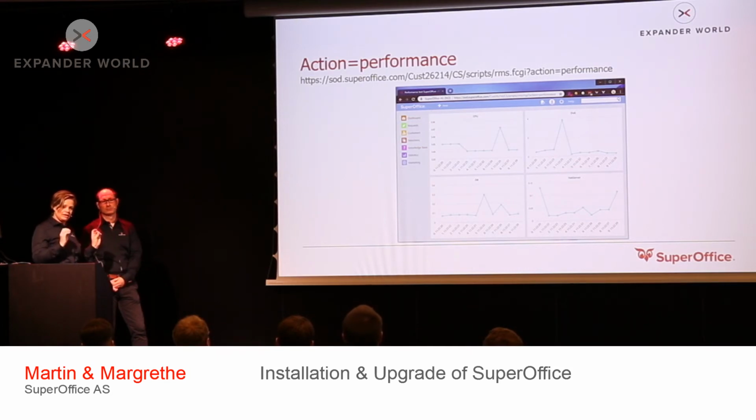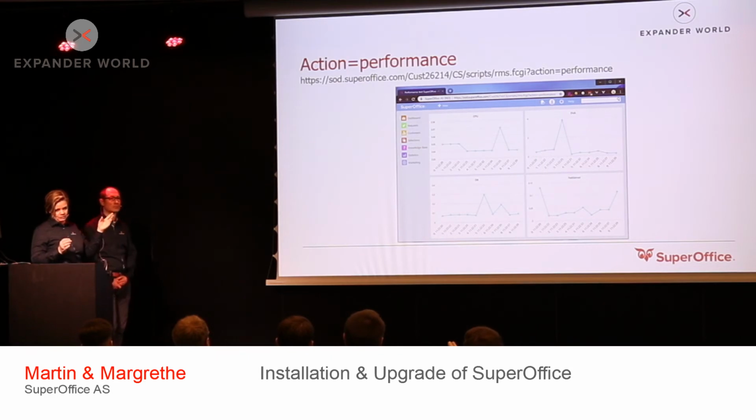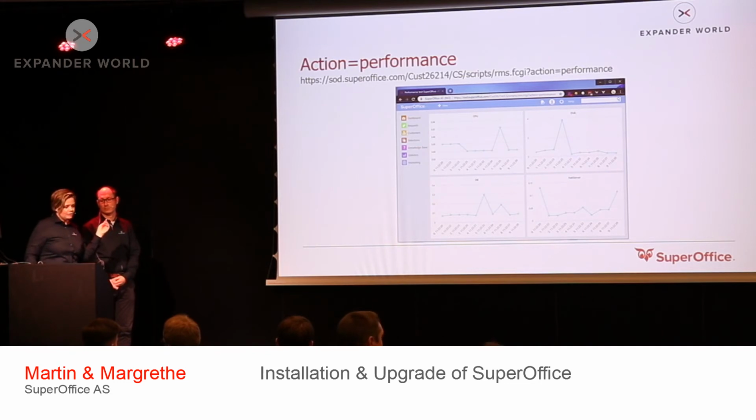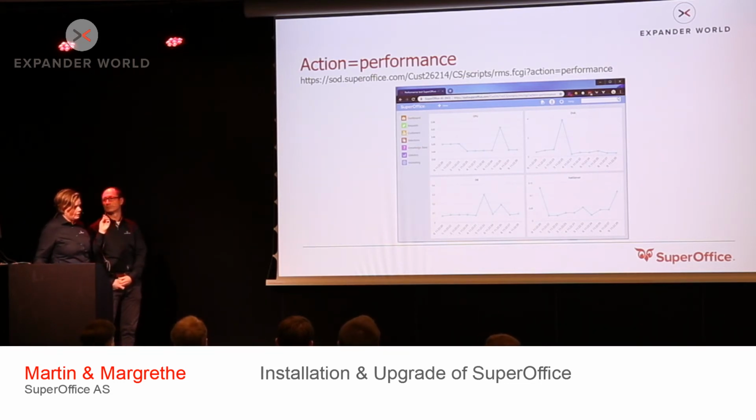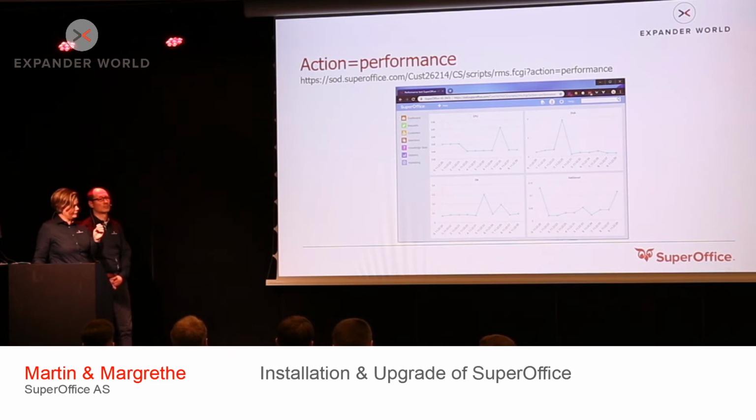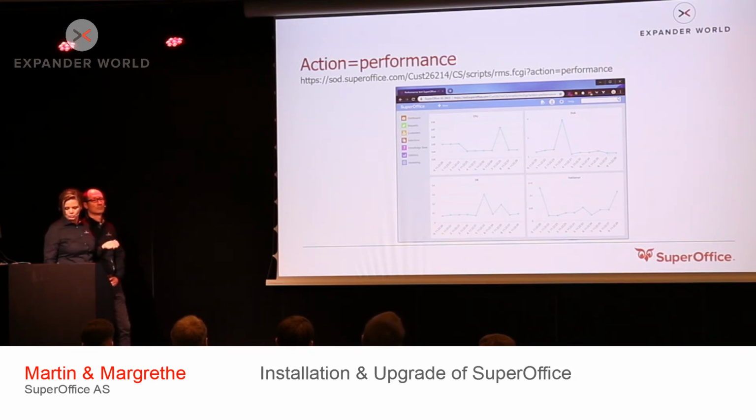But if it's happening now, something is really slow, you may go to RMS FCGI's question action equal performance, and these 4 graphs will appear. The 4 graphs are actually running 10 calls for each graph, and the CPU one runs a method that generates a password 100,000 times for every data point in this graph.